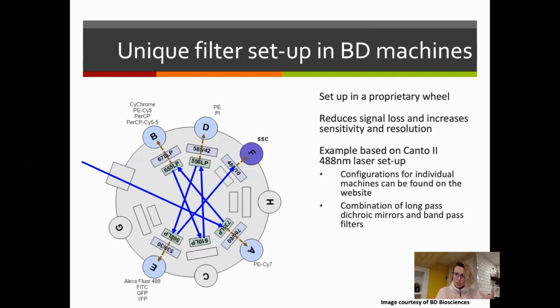So this is generally the available fluorochromes for our setup that can be detected. This is how we're able to get multiple fluorochromes detected from a single laser line, by using filters to break down the emitted light into different pieces.